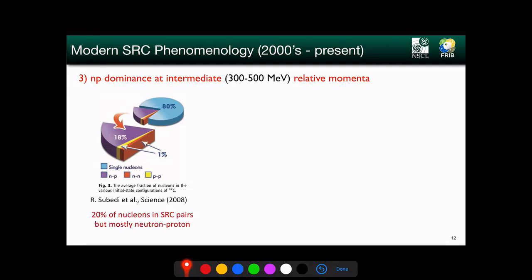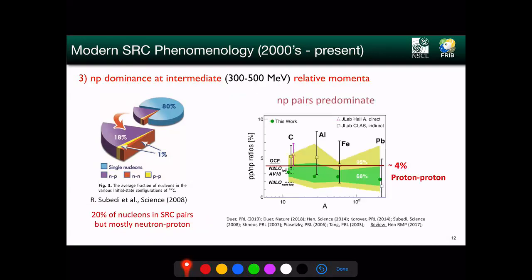But what's actually found in this range of momenta is a great enhancement of neutron-proton pairs over the others. Roughly 20% of the nucleons in a nucleus are in SRC pairs, but the vast majority are neutron-proton. Of course, this is interpreted as arising from the tensor force, which in the 3S1 channel only acts on NP pairs. So this NP dominance at these intermediate momentum scales is well understood in that picture.